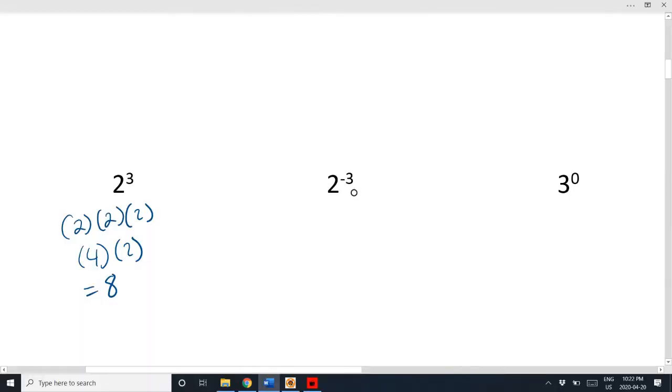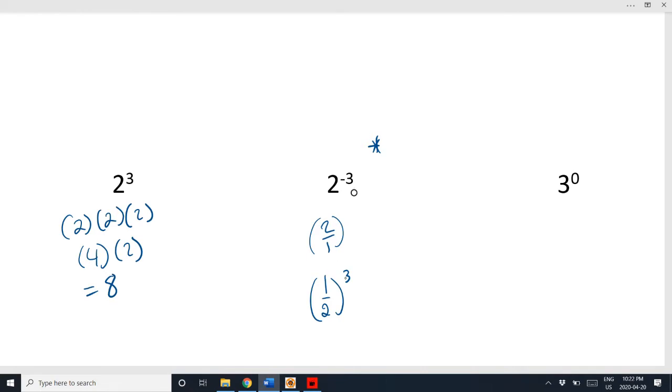2 to the power of negative 3. We can see we're dealing with a negative exponent, and there's a special rule that we need to take into consideration when evaluating this. So the way we evaluate a negative exponent is we take the reciprocal of the base. Since 2, or in other words 2 over 1, is our base, we must take the reciprocal of this, which is 1 over 2, and then we cube it.